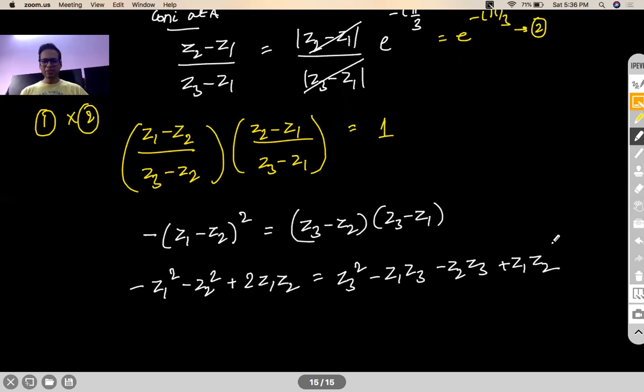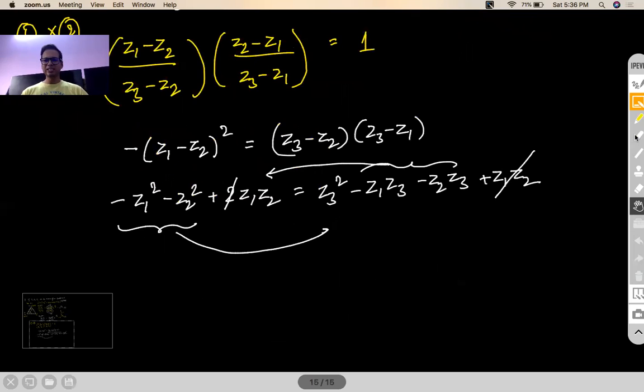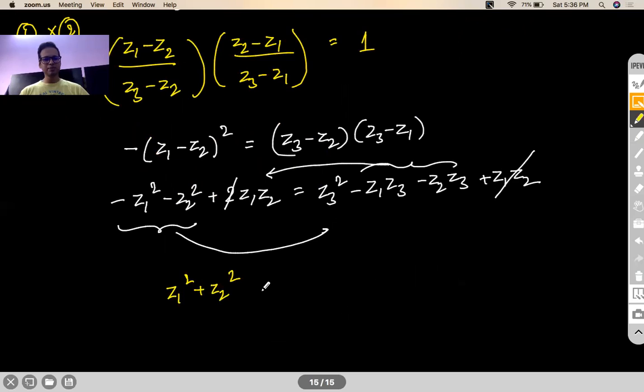Okay. So I think one of this will get cancelled with this. Bring these two terms to the right side and bring these two terms to the left side. So when you do that, the result will be there in front of you. Hence proved.